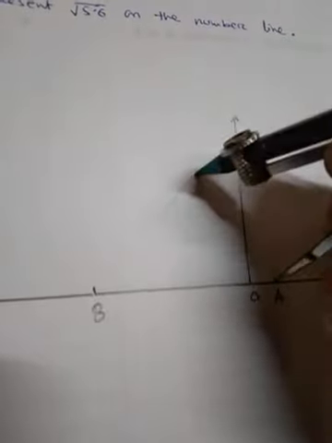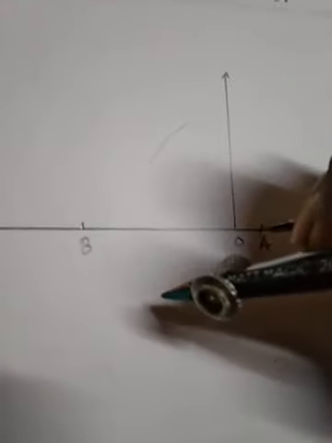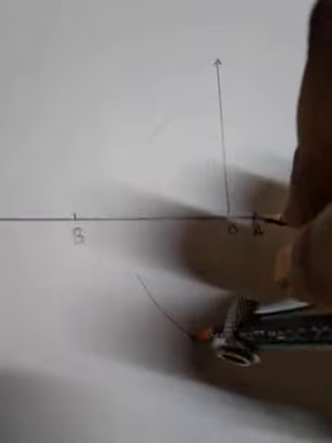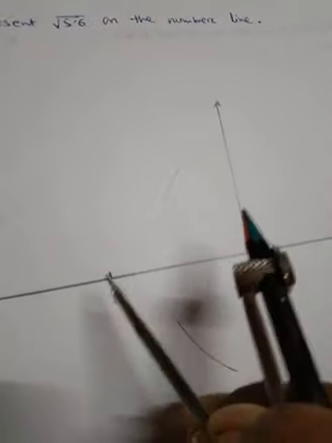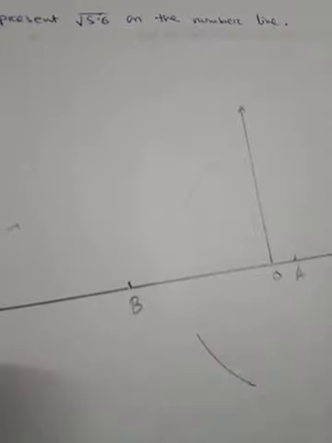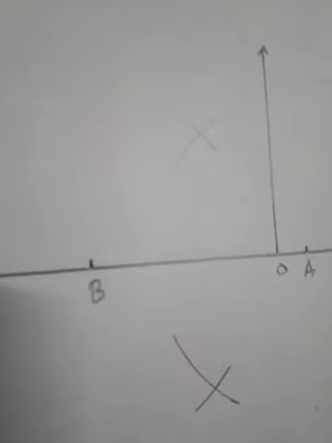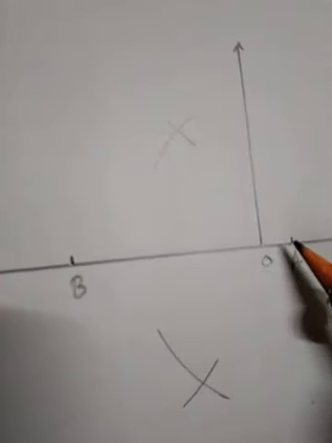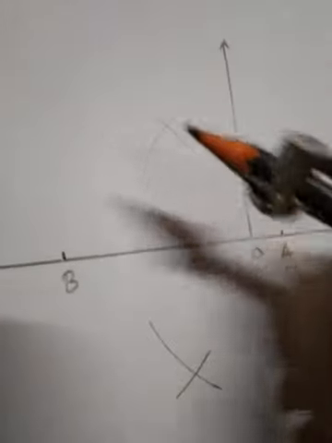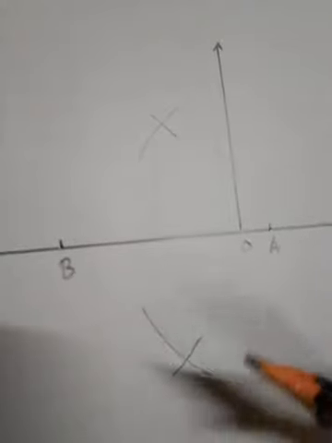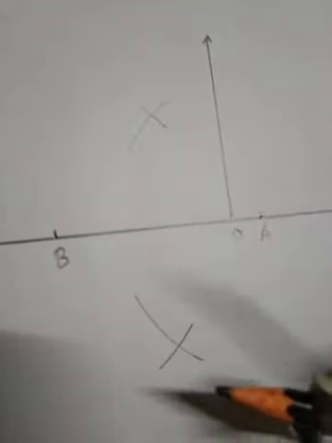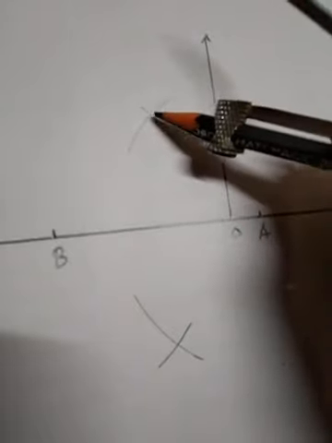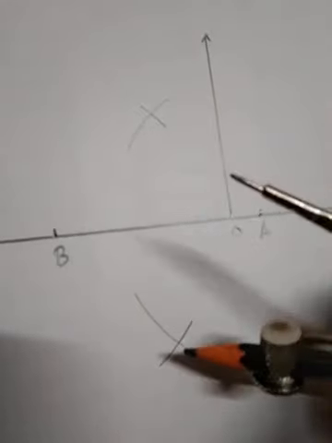Here one arc and on the opposite side another arc, and with the same arc length from B also you have to draw this. So one from A and one from B, and the arcs will cut each other. Now with the help of a scale we have to join these two points of intersection of the arcs, from this up to this.